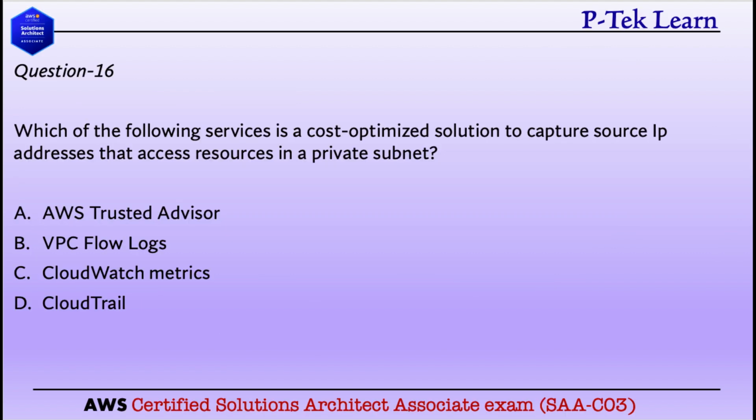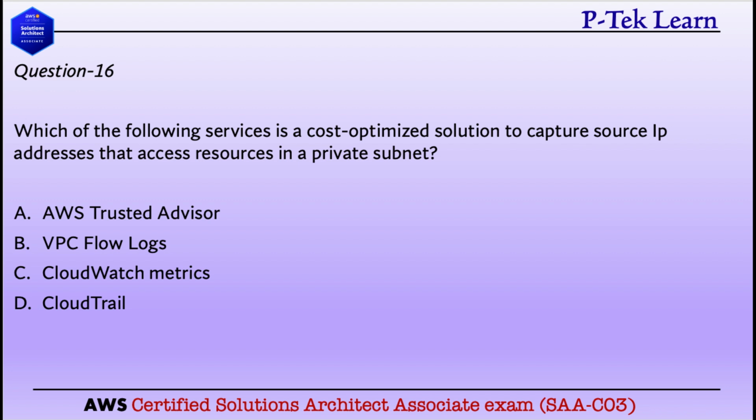Question number 16. Which of the following services is a cost-optimized solution to capture source IP addresses that access resources in a private subnet? Option A, AWS Trusted Advisor.